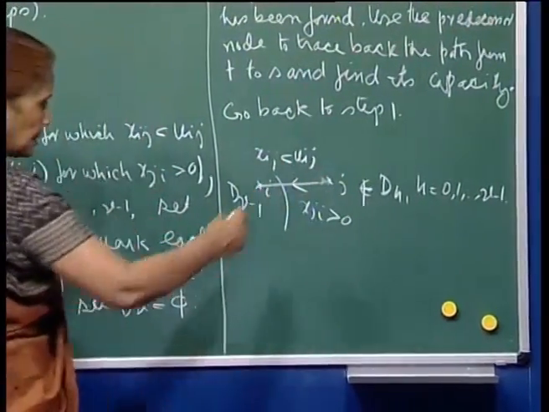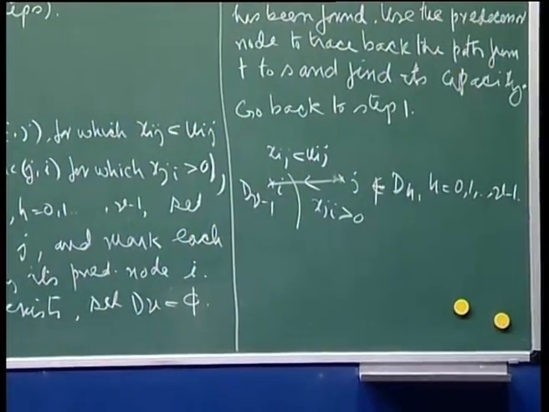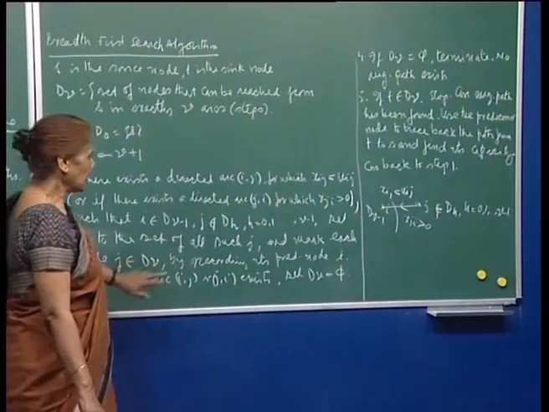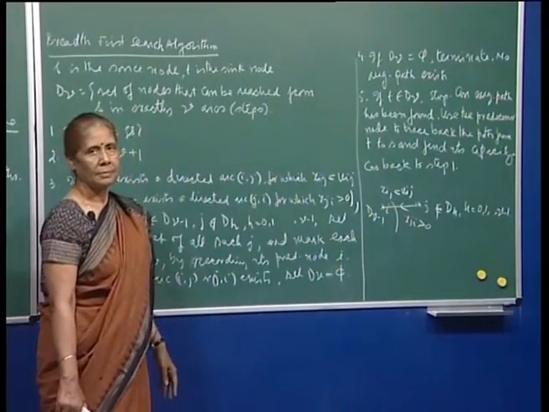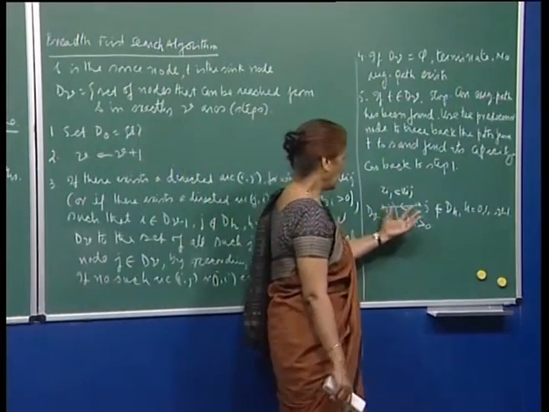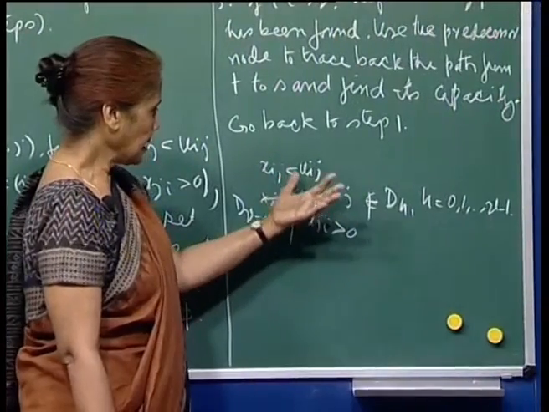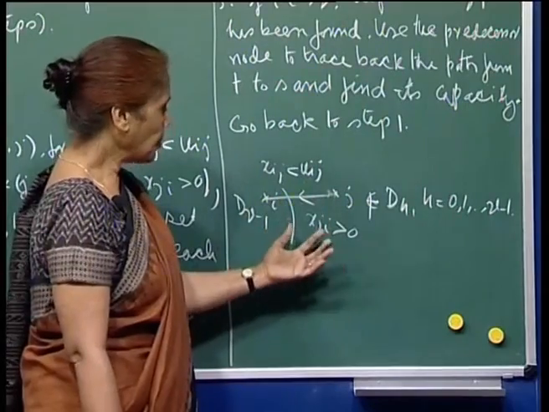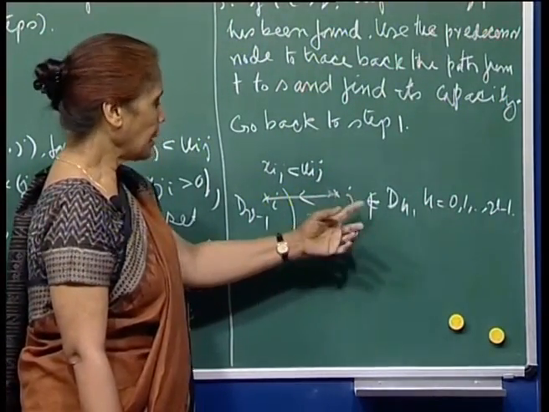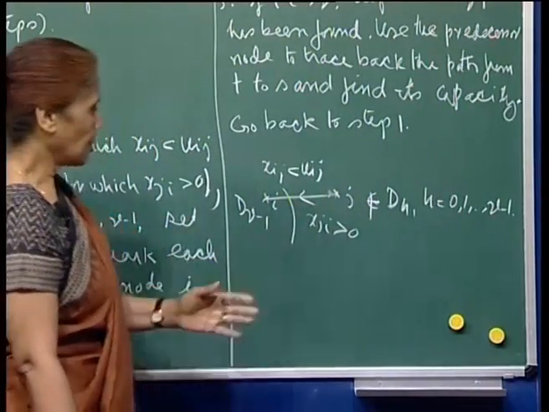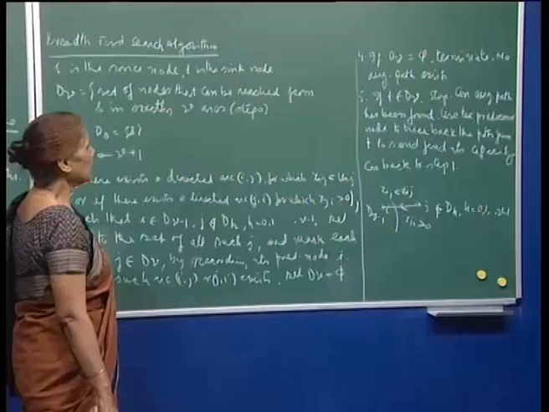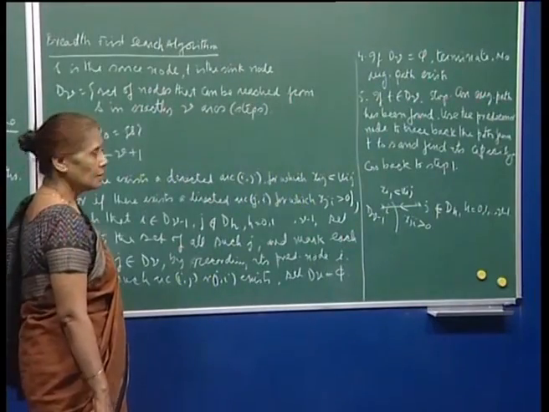So, we note down the predecessor node, and if no such arc i j or j i exists, then you set D nu to be empty. If I can't find any arc i j for which x i j is less than u i j, or an arc j i for which x j i is greater than 0, then my D nu would be empty, and I will stop. I will say that I have no augmenting path.